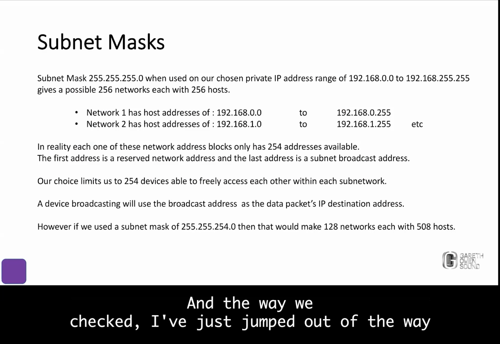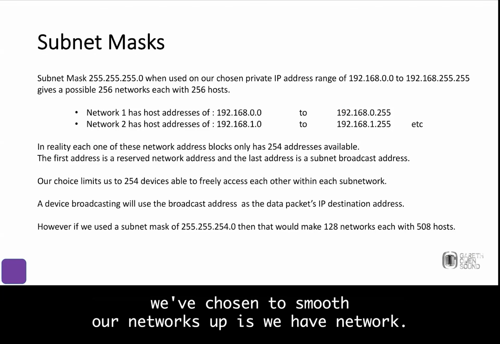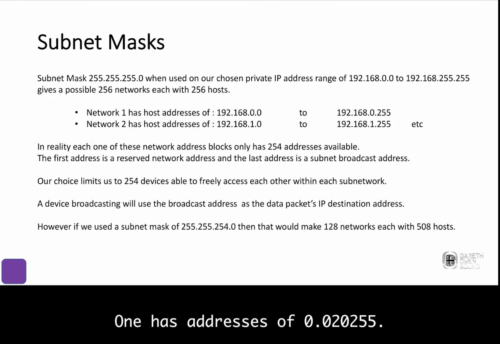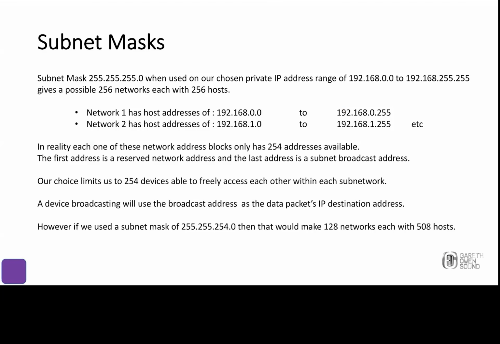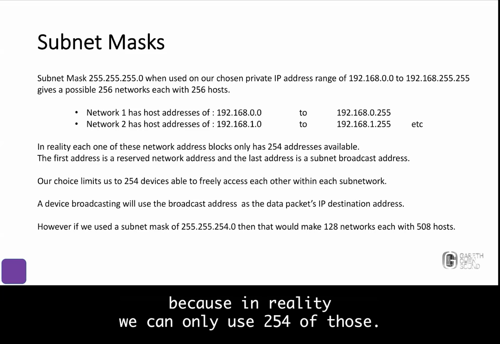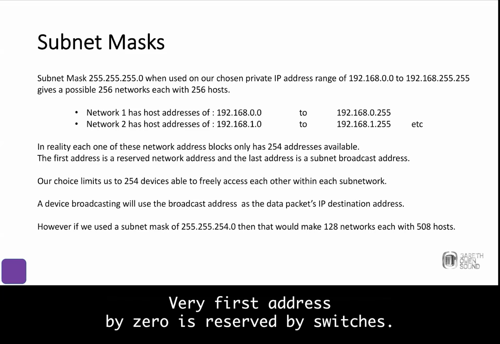The way we've chosen, I've just jumped slides. The way we've chosen to split our networks up is we have network 1 has addresses of 0.0 to 0.255. That's 256 addresses in each of our networks. That's not quite true because in reality we can only use 254 of those. The very first address, i.e. 0, is reserved by switches.